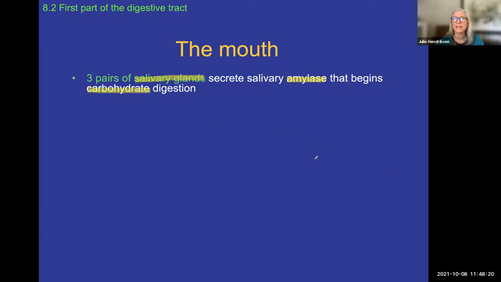All right, so in particular, it's going to digest starch. So you may want to add that in your notes that we're seeing the digestion specifically of starch by this enzyme known as amylase.